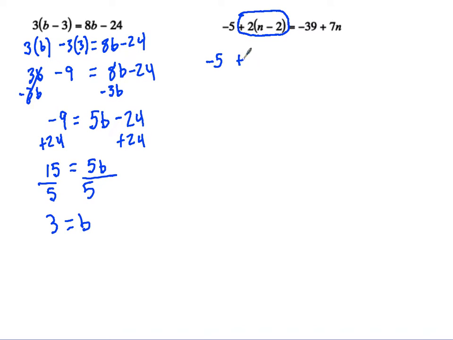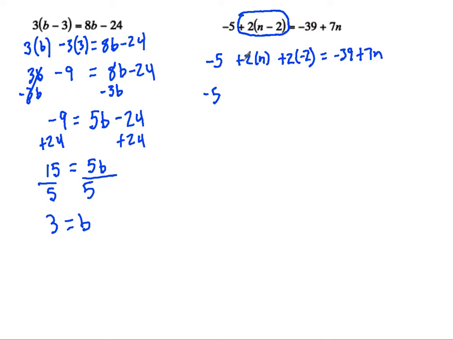So I have a +2 times a positive n, and then I have this +2 times this -2. That +2 has to distribute to both of those items in the parentheses. So I've got 2 times the n, and I've got 2 times the 2. So equals -39 plus 7n.